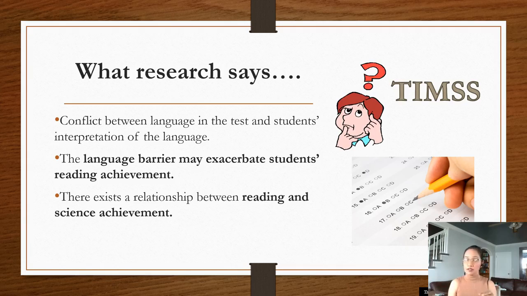The context of the test questions is impacting how our students are interpreting them, and so they might be choosing the wrong answers. That could be the reason why our students scored lower than most of the countries in TIMSS in 2005. And that could be one of the directions of research that we can go to.